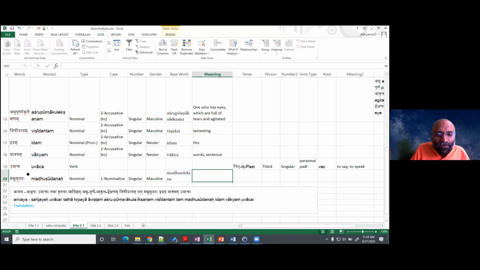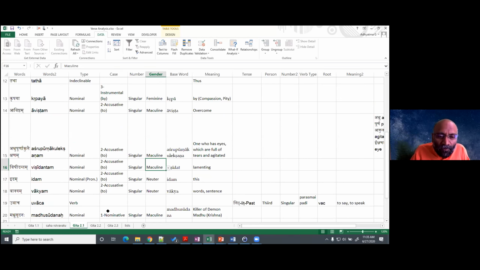Madhu is the name of a demon. Sudana means the killer. So, killer of Madhu. It's the name of Lord Krishna, who killed this demon.